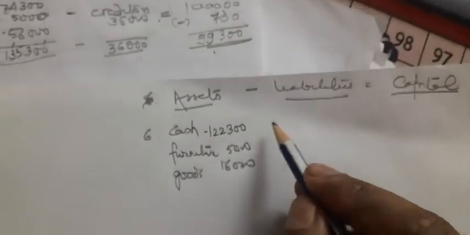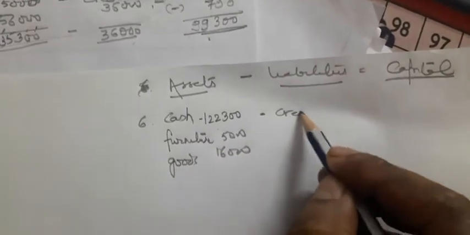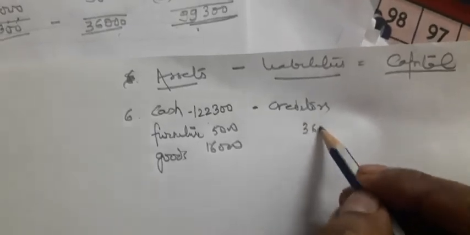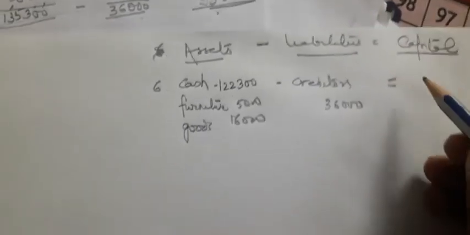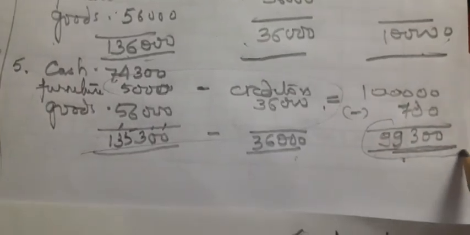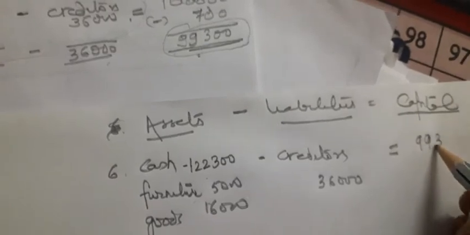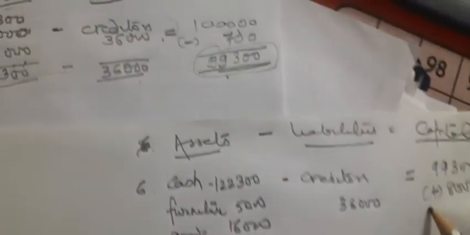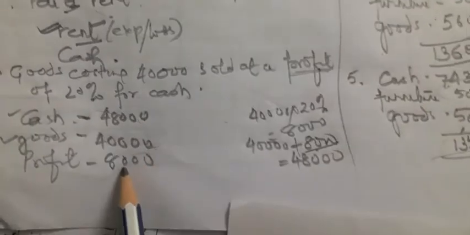In this case, there is no role of creditors, so creditors will remain unaffected, 36,000 rupees. In the fifth transaction, we had a balance of 99,300 in the form of capital. So the capital 99,300 will now increase by 8,000 because we had profit of rupees 8,000 in the sixth transaction.